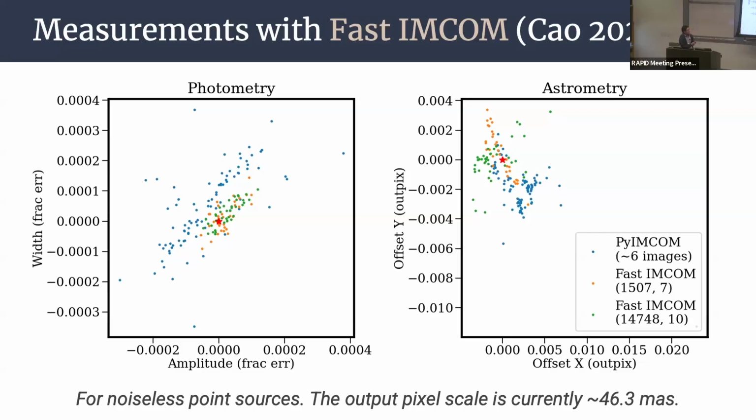I think such a gap is caused by the shapes of the PSF residuals. For the Fast IMCOM results, I used the knowledge about PSF residuals to calibrate the results. With IMCOM, because the images have been combined, it's hard to do such a calibration. So that's why we see a gap here. And also we see some remaining correlation between the measurement errors. So I think the calibration process has some further room for improvements.